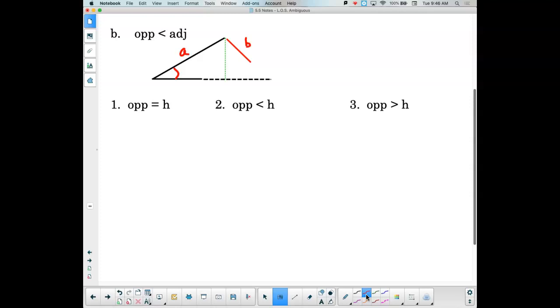So when B is shorter than A, that's when we get all crazy. We're going to call this the height because it's the height of my triangle. It's the perpendicular distance down to the other side.